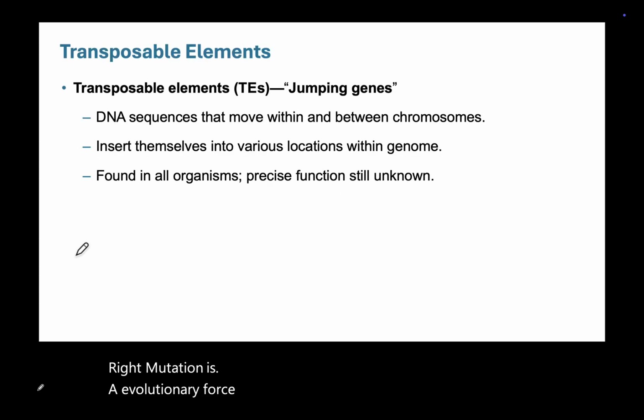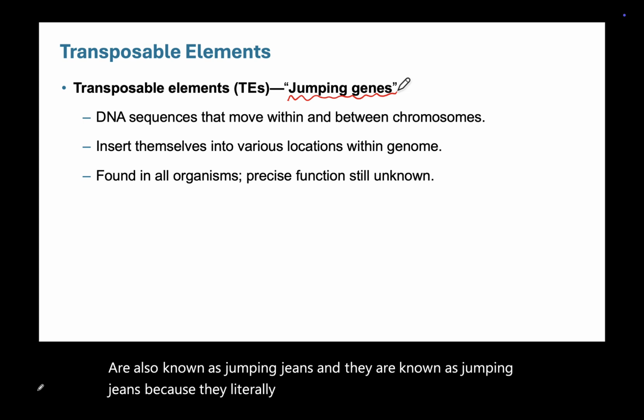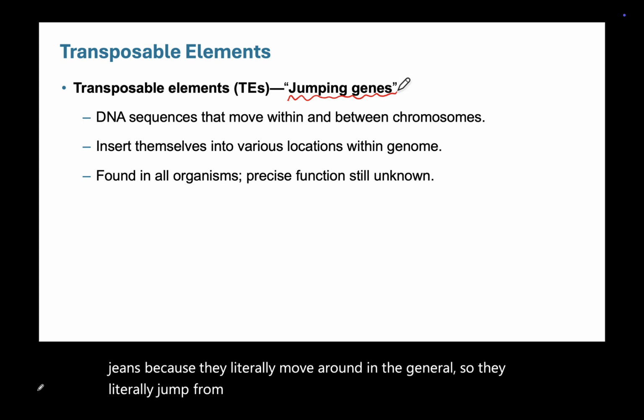So these transposable elements are also known as jumping genes. They are known as jumping genes because they literally move around in the genome. They literally jump from one site to another region. Okay?